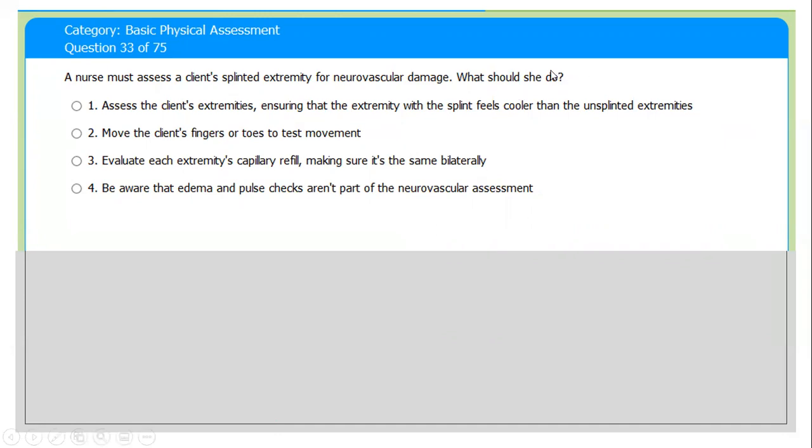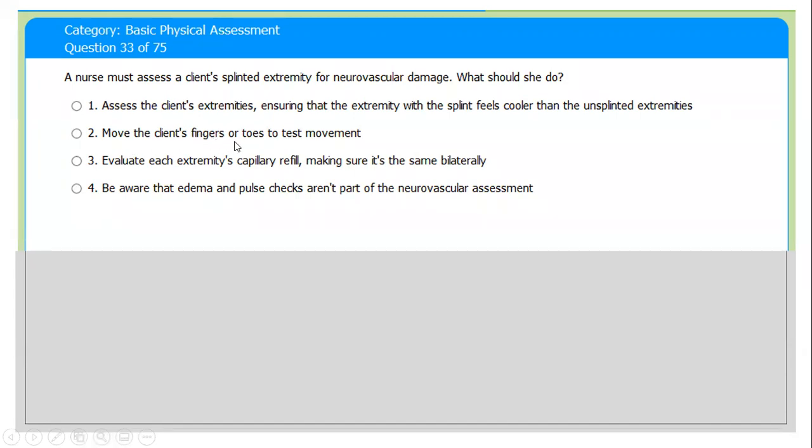So which should she do? So neurovascular damage. When you do a neurovascular assessment, you have to overview something, right? First one, assess the client's extremity, ensuring that the extremity with the splint feels colder than the unsplinted extremity.